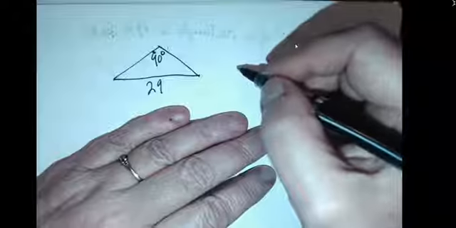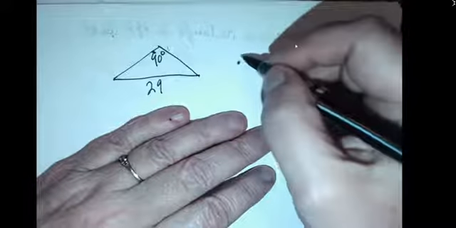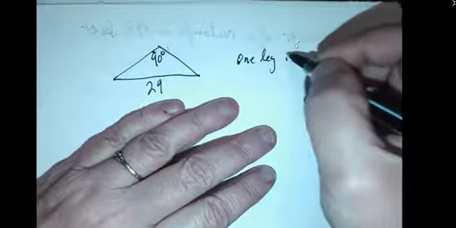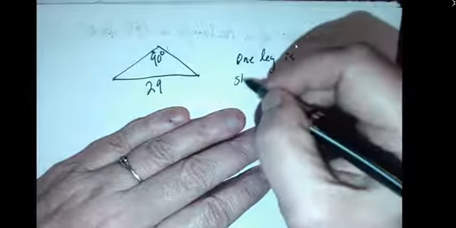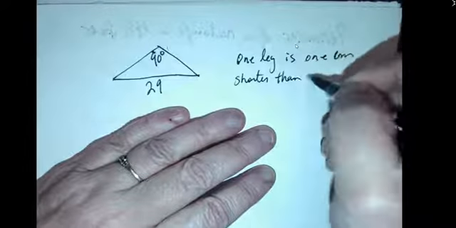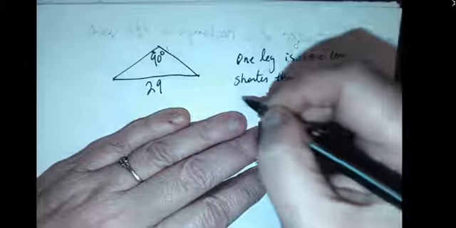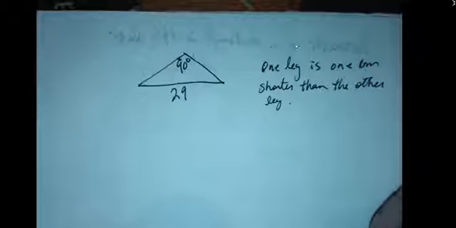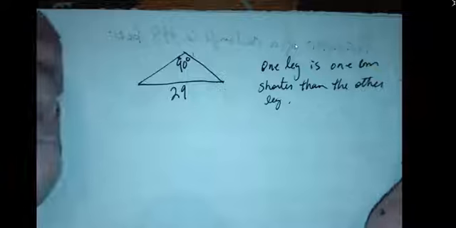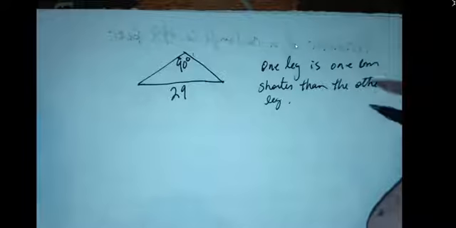Okay, and all we're told about the other two legs is that one leg is 1 unit or 1 centimeter shorter than the other leg. Okay. And we're told basically the same thing, like find these two legs and find perimeter and area and whatnot.